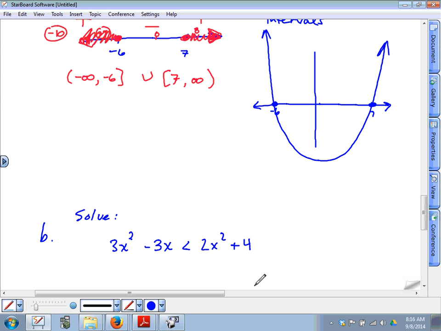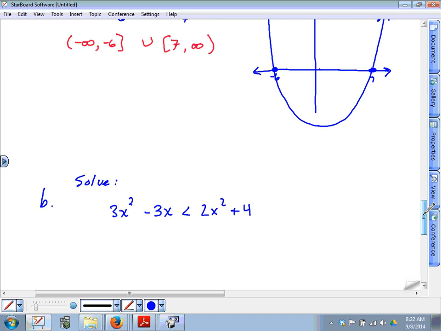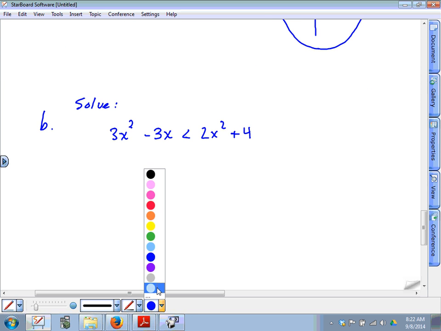Go ahead and try that one. We are quickly running out of time, y'all, so we gotta fly through this. From what I heard, most of you started the right way, getting one side to 0. That's not super difficult.